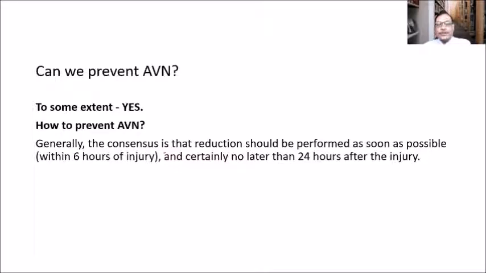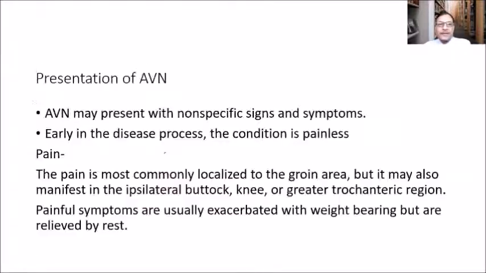Can we prevent avascular necrosis? Yes. Generally, orthopedic surgeons are of the opinion that if you reduce it within 6 hours, and certainly not later than 24 hours, you can prevent most of the AVN.